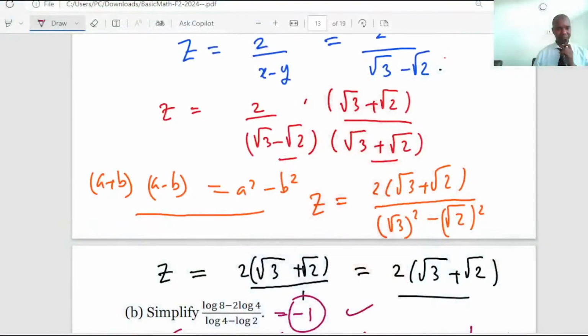By then, you'll be able to do your own correction by checking the national exam results you have, and see where you made some mistakes, so that you rectify the mistakes and continue doing well in mathematics.